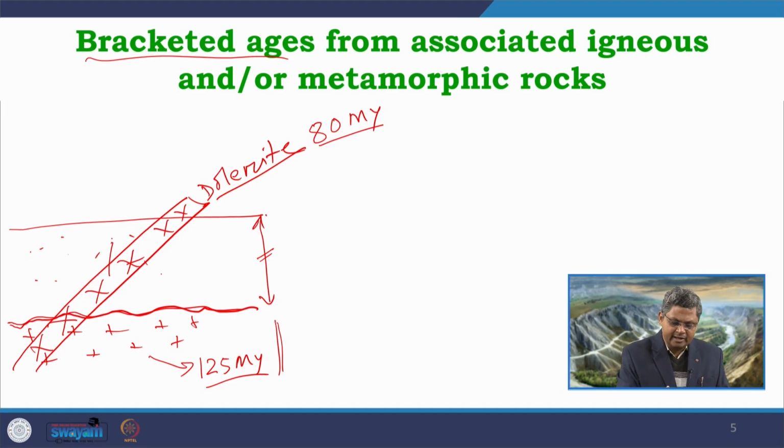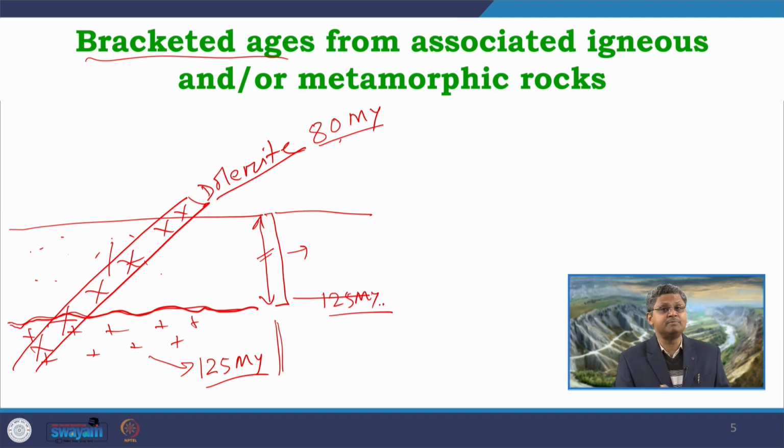So, definitely this sedimentary unit was deposited before 80 million years and after 125 million years. So, if I want to put a date over here, the age of this should be 125 million years maximum and 80 million years minimum.